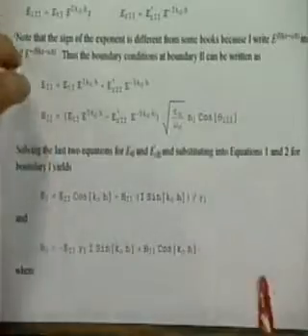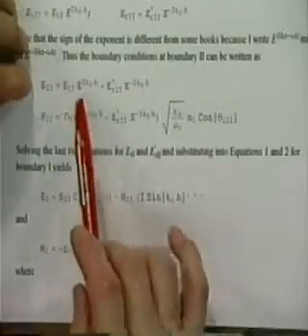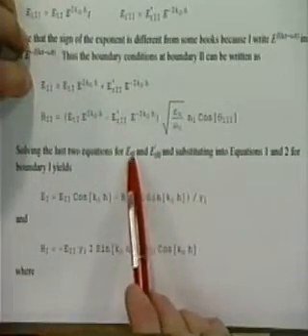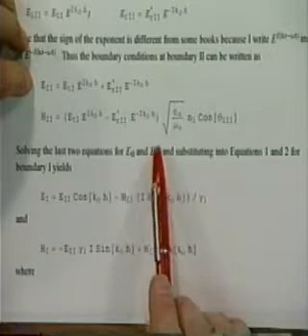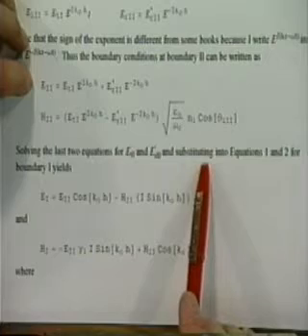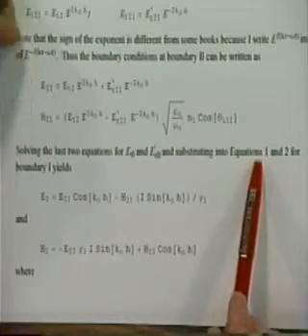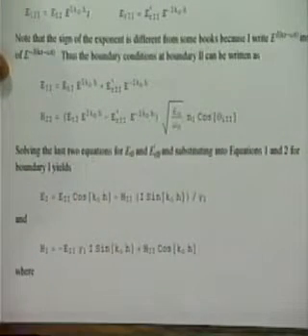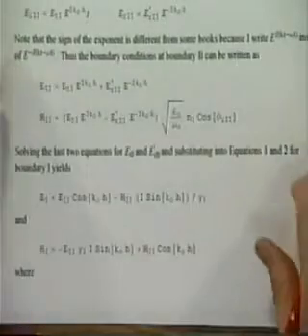So now the interested student will solve these last two equations for E sub T1 and E prime R2, and go back and plug it into the first two equations for boundary 1.